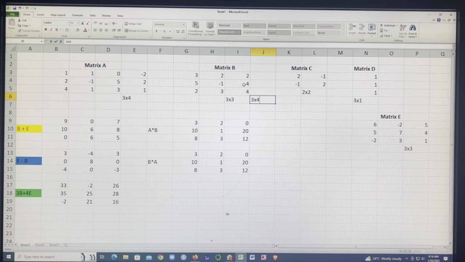Yes, so that is, we want to take the first row, multiply by the first column, the first row by the second column, first row by the third, first row by the fourth, and so forth, just like that. So the resultant matrix will be a 3 by 4 matrix. So that's what the computer did.